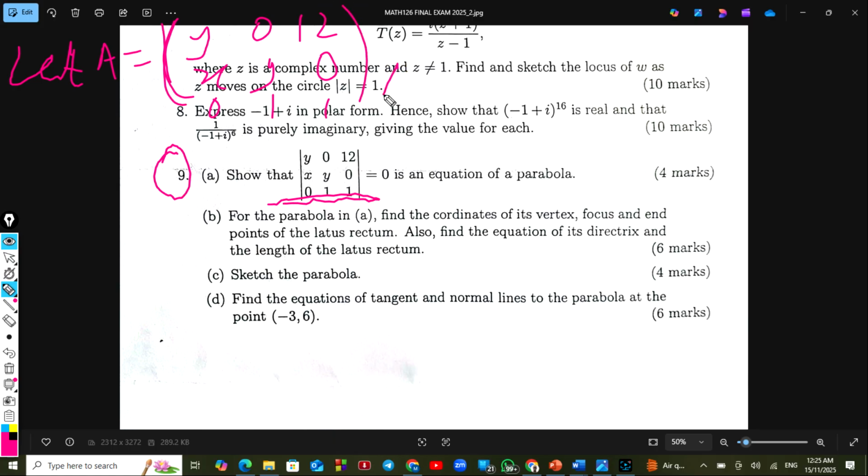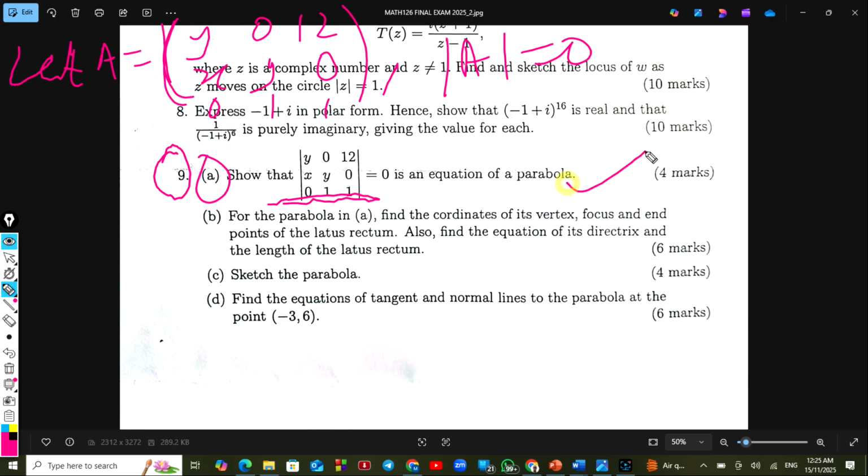We've been asked to show that the determinant of A equal to 0 is an equation of a parabola. So this is what we are asked to show, the first part, and then B.